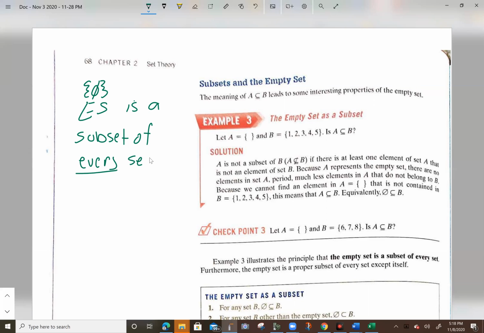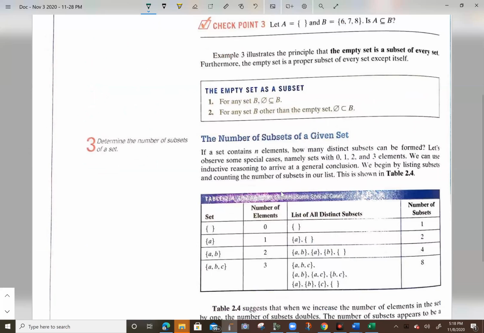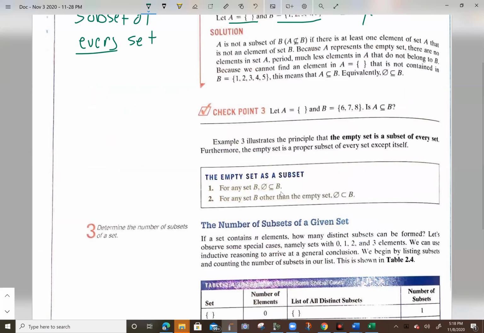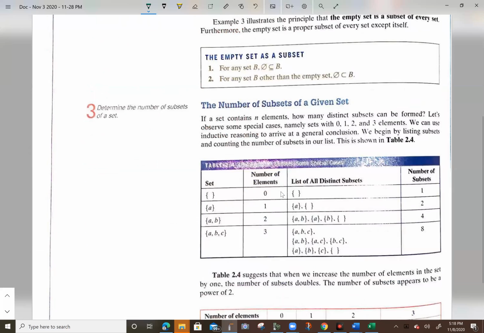So that's the rule. If A is an empty set and B is this set, is A a subset of B? Yes, because the empty set is a subset of every set. So I think you'll have a pretty easy job with checkpoint 3.